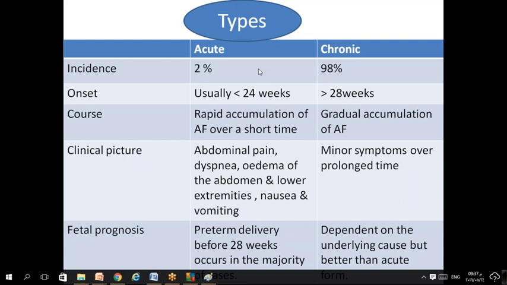Is acute only in twin-to-twin transfusion, doctor, or can it occur in other cases? Mostly in twin-to-twin transfusion, but it can rarely happen in other cases. You will find a strange case every now and then like this.